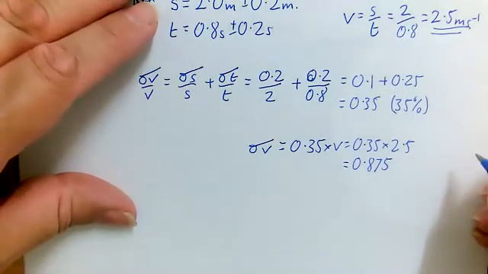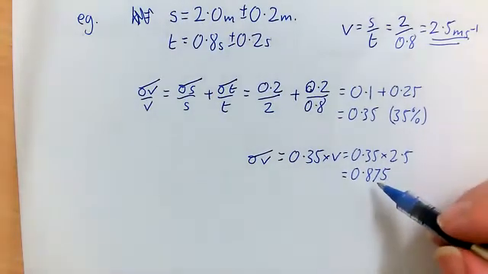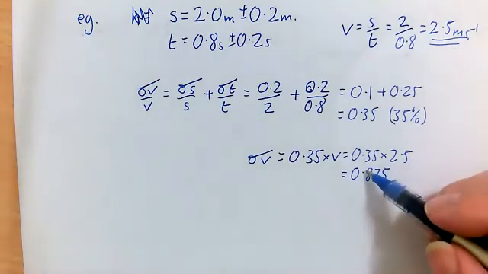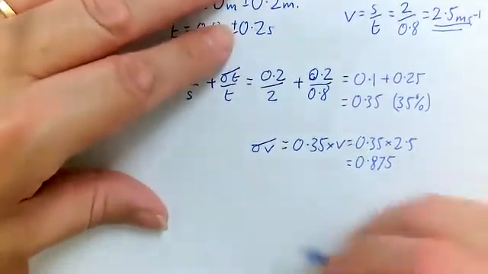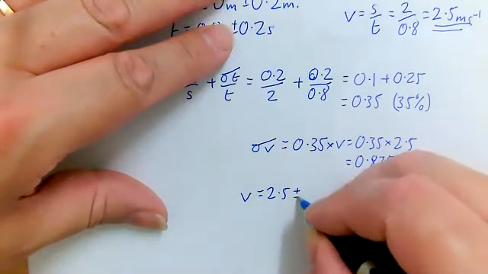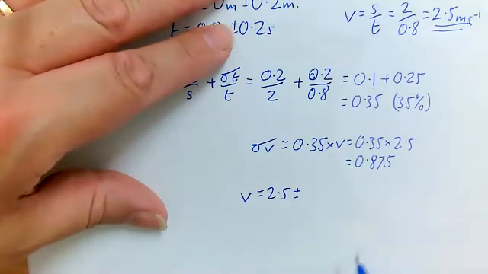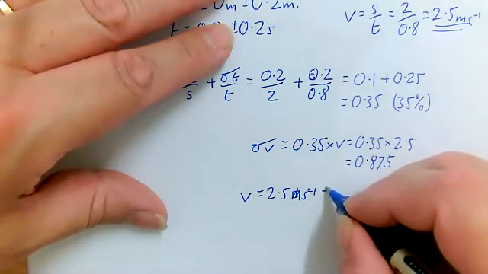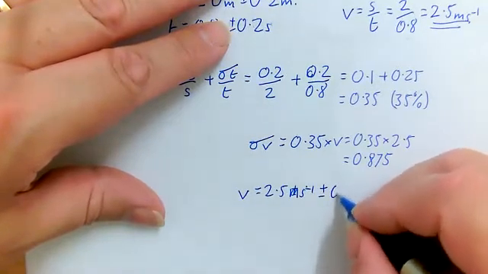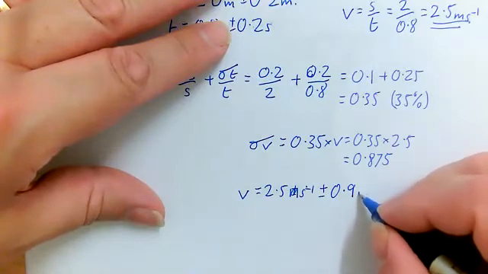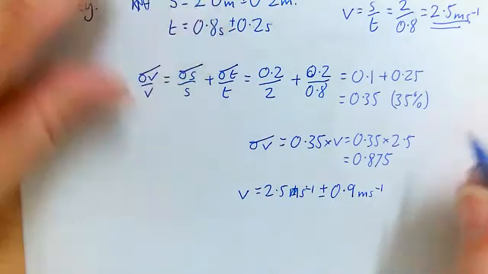If I look carefully, I've only really got a calculation to one decimal place, so I want only one decimal place here as well. So the speed v is 2.5 meters per second plus or minus, rounded to one decimal place, 0.9 meters per second.